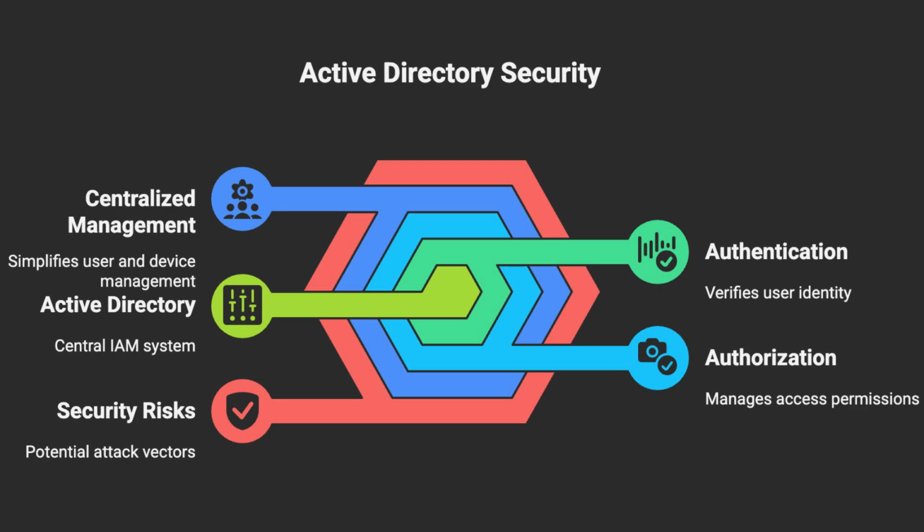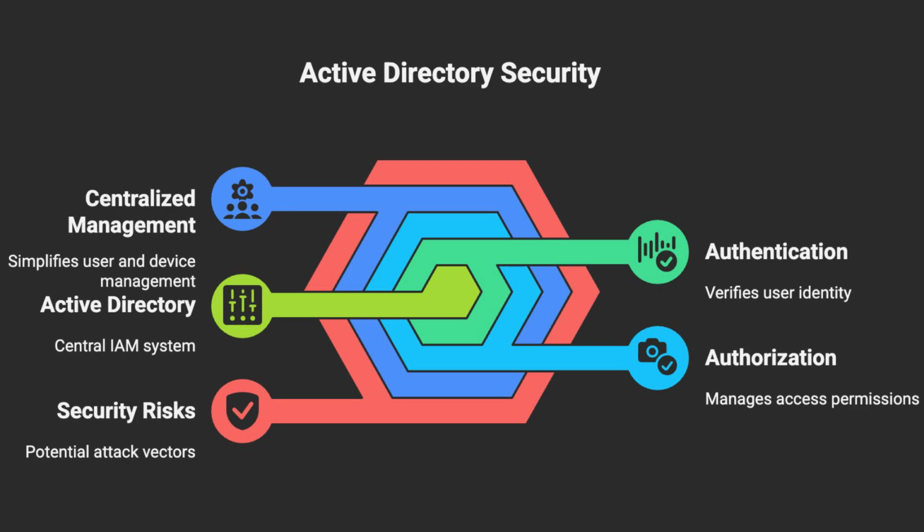Now we need to understand why Active Directory is so important in cybersecurity. The very first thing is identity and access management. AD is the backbone of IAM for many organizations. It controls who can access what, when, and from where. Next is authentication. When you log in, AD verifies your identity.